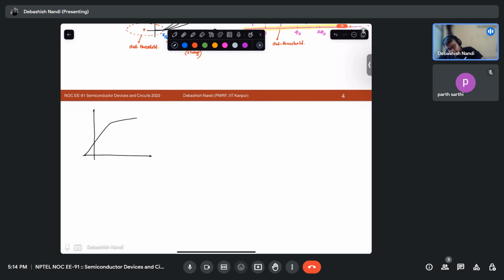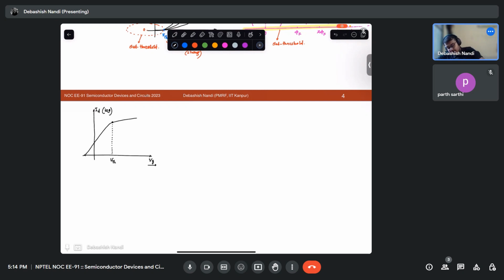So again, somewhere here would be your threshold voltage. This is your VG, and this is your ID, and I am drawing it in log scale, basically log 10 of this.